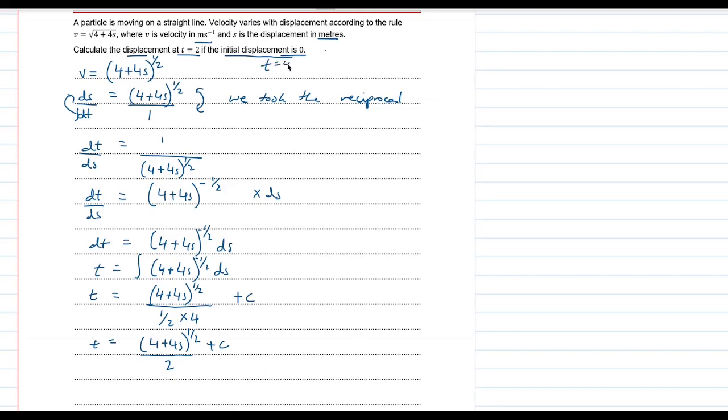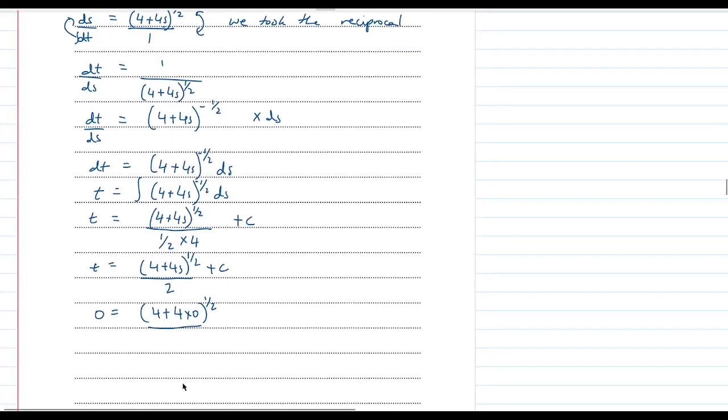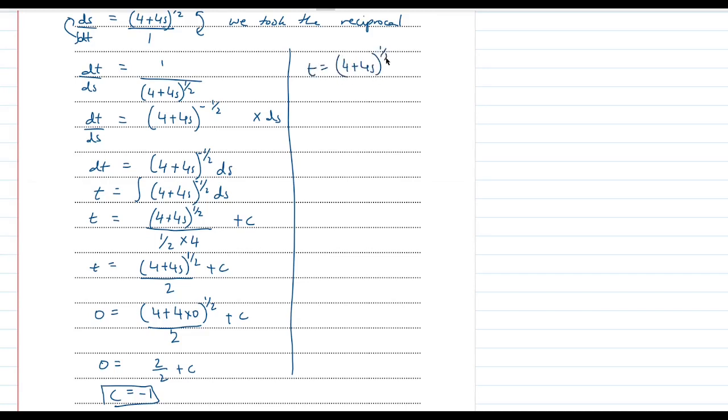So when t is 0, s is 0, so we can sub that in. So from here, we can write t is (4 plus 4s) raised to half over 2, and plus c is really minus 1.